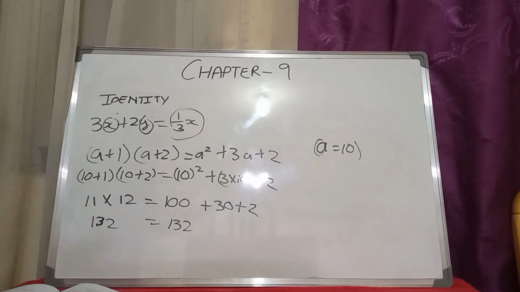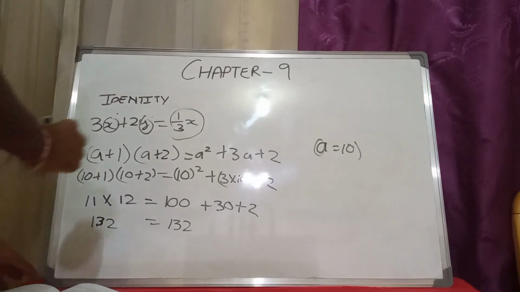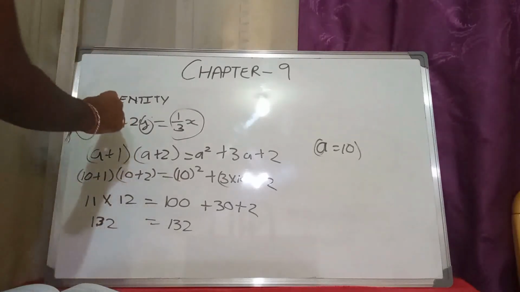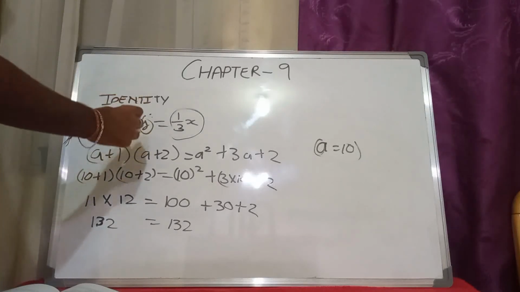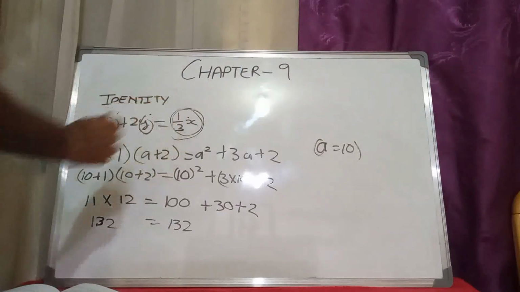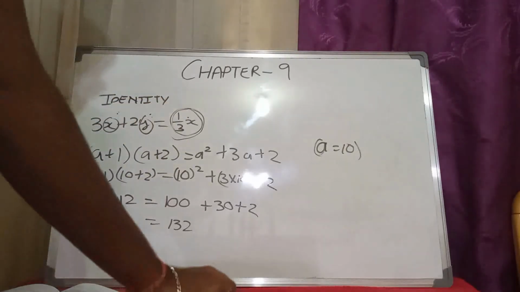Identity is any equation where we give any value to the variable, and the equation is still satisfied. Here, if we take a given value to x and y, maybe it will not satisfy, and we will not be able to find the correct value of x. This is the reason why it is not an identity.